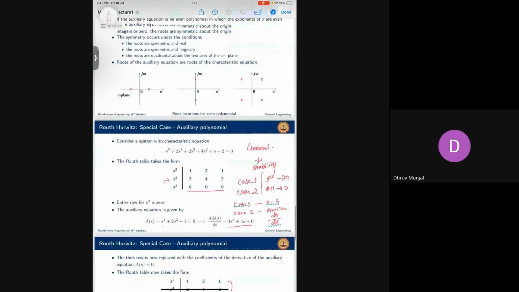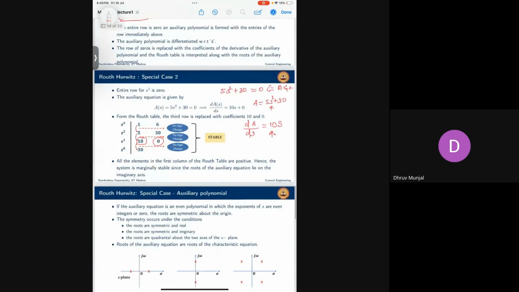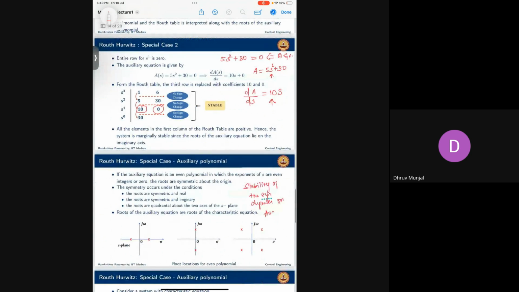And I forgot to tell one thing here. When you find the auxiliary equation, the stability of the system depends on the auxiliary equation's roots. If you find the roots for this auxiliary equation, it will be s square plus 6, right?